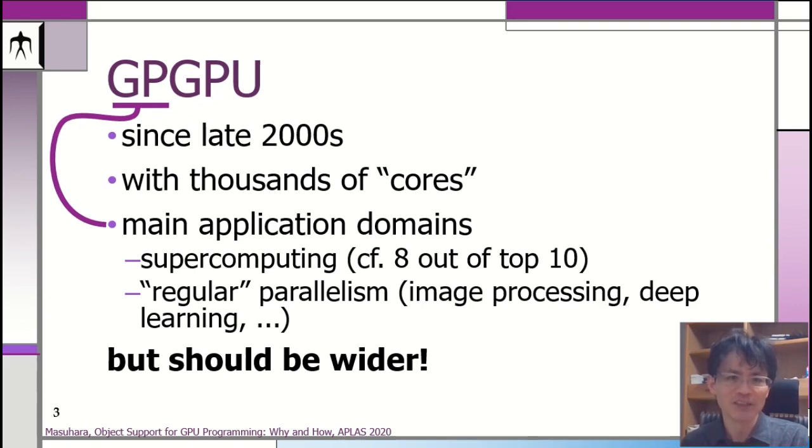The other applications are usually problems with regular parallelism, like image processing or deep learning. But we believe this application domain can be much wider, and in order to do that, we believe that object-oriented programming will be useful.